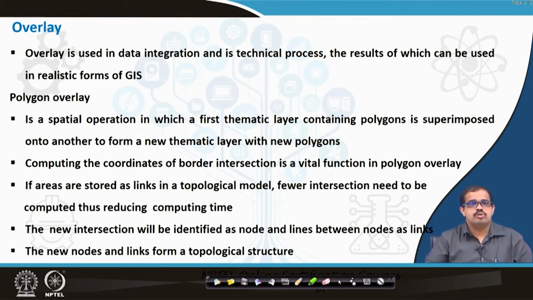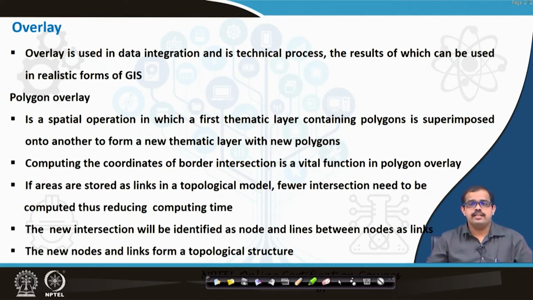If the polygons you have created in both these images are linked in a topological model, fewer intersections need to be computed, thus reducing computing time; otherwise your computing time will be extremely high.